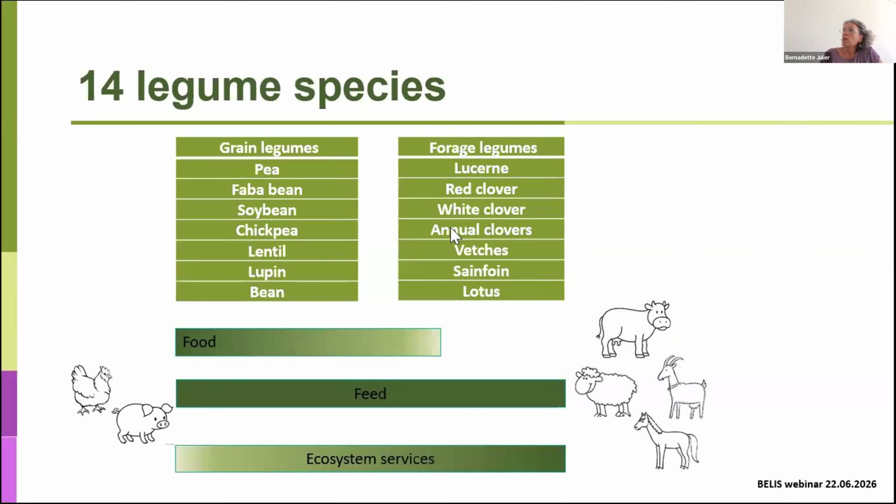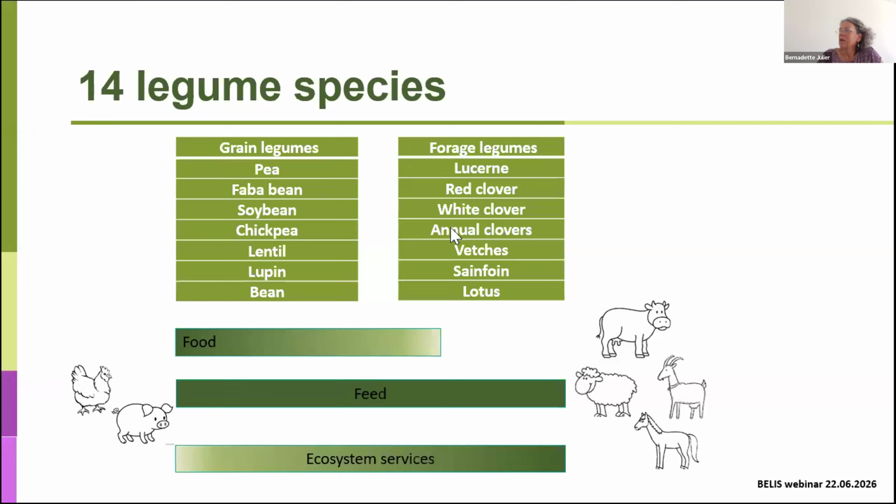So we are working on 14 legume species, 7 grain legumes and 7 forage legumes. We are not working at the same intensity on each species, but just to remind you that grain legumes are used for food. All types of legumes are used for feed, but for sure, forage legumes are not quite often used for food.